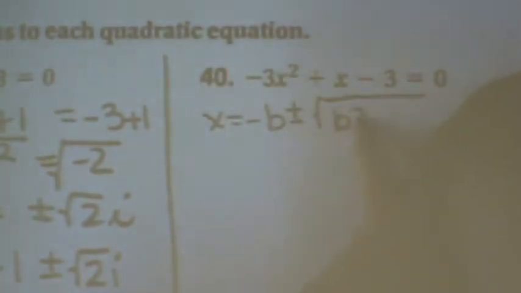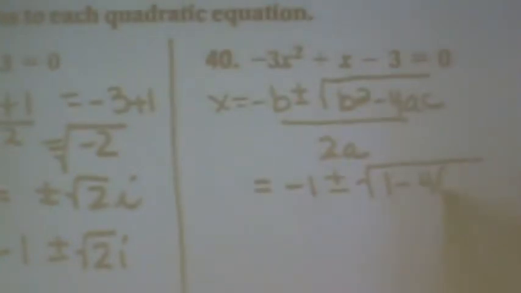Next one. You might want to use the quadratic formula for this one, because first of all, you have an a value that's not 1, and the middle value is not an even number. So your quadratic formula is the opposite of b, plus or minus the square root of b squared minus 4ac, all over 2a. You might want to write this down.